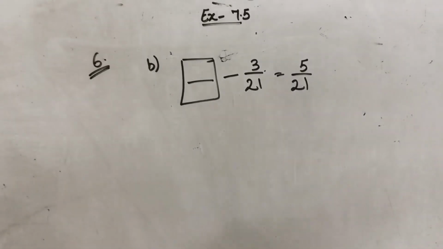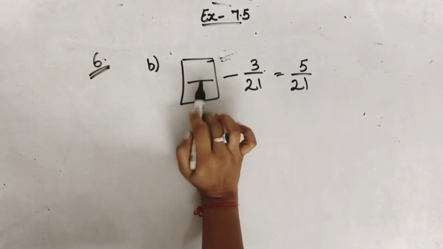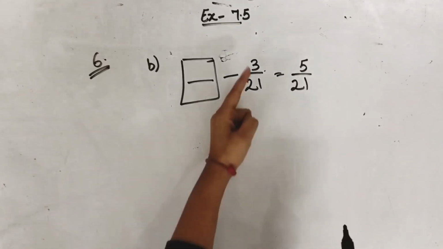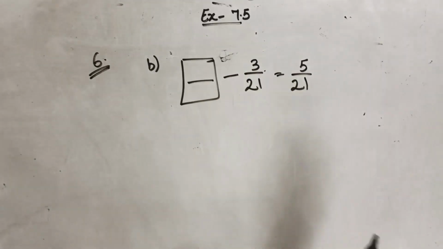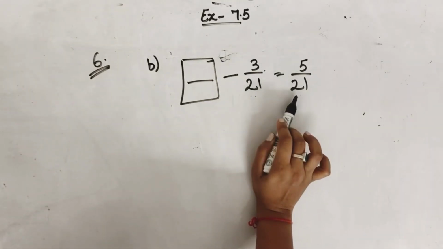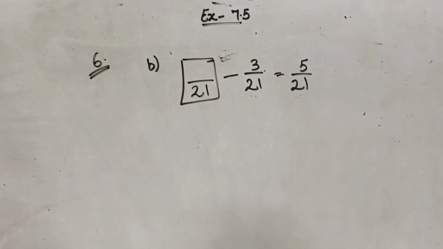Now 6th question, I'm doing the B part. You will do the rest of the parts yourself in the book. Now the B part is, you have to write the missing fraction. Now you see, you are subtracting 3/21 to get 5/21. It means denominators of both the fractions are the same. So here also the denominator will be the same.